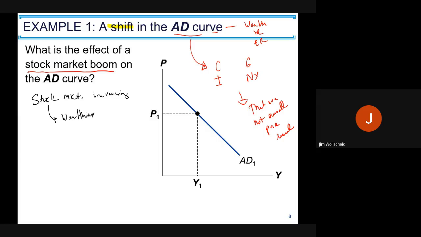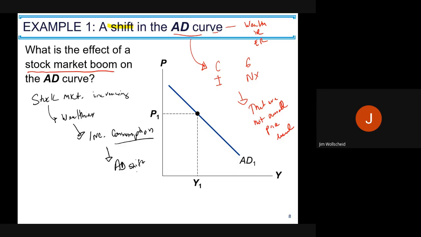And because I've seen this rise in the stock market, and I feel wealthier, what do I do? Well, I decide I'm going to increase my consumption because I can now afford, in quotation marks, more stuff because it looks like I'm going to have more in the future. So what I do is I adjust some of my future wealth and spend it today. So I increase consumption. And when we increase consumption, aggregate demand shifts.